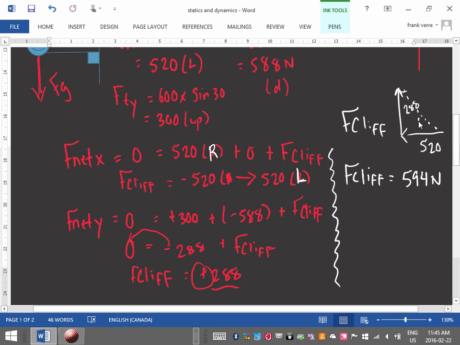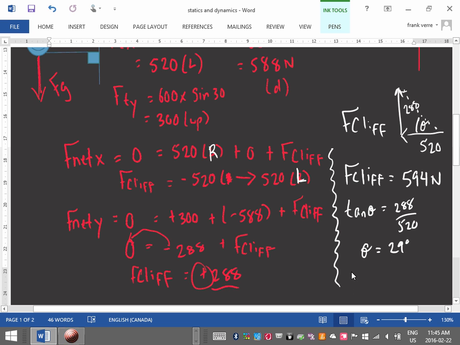Okay. And we should always get an angle. Some of you forgot that on your quiz. Opposite over adjacent. So what's the angle? 288 over 520. Take the inverse tan. What's that? 29 degrees.